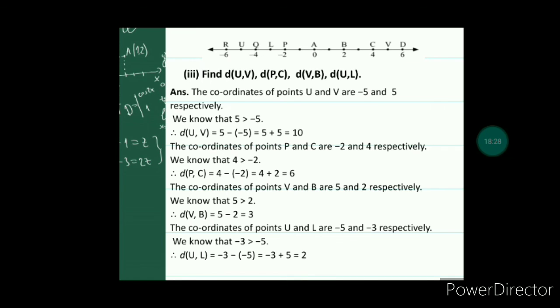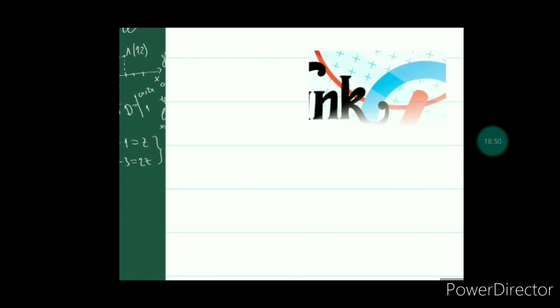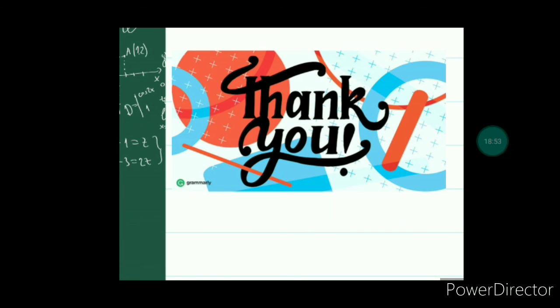Therefore, distance UL equals -3 minus (-5), which is -3 plus 5, that is 5 minus 3, equal to 2. Today we have completed practice set 1.2.